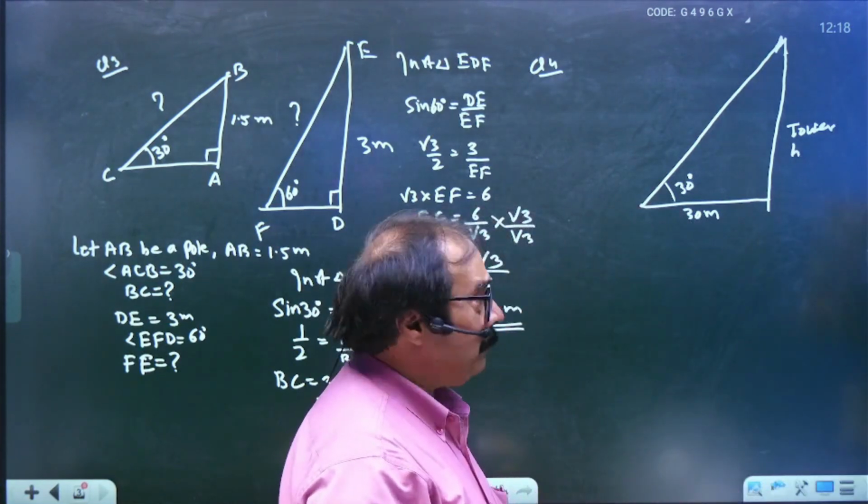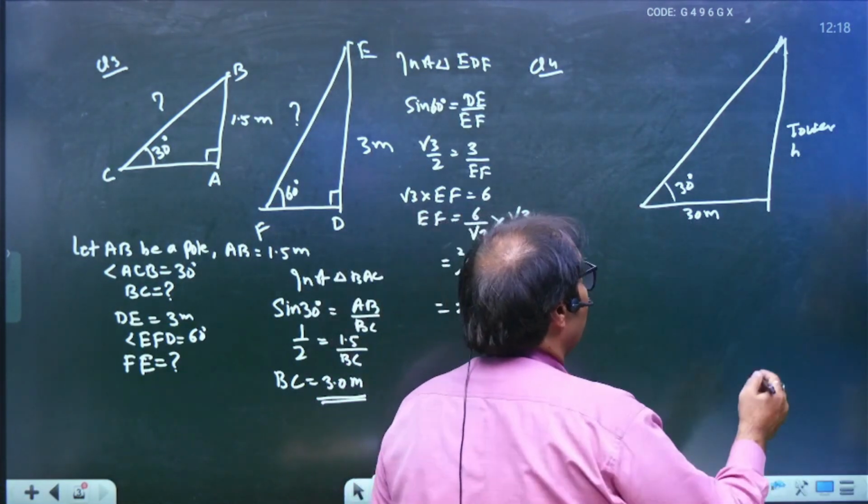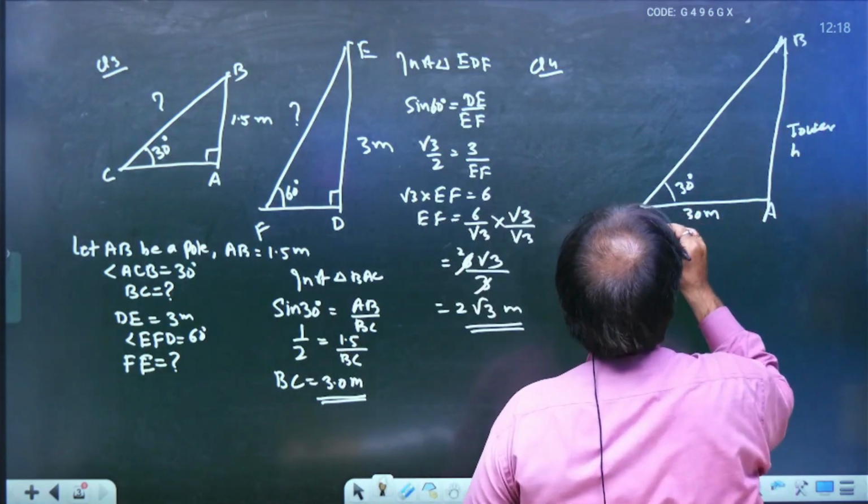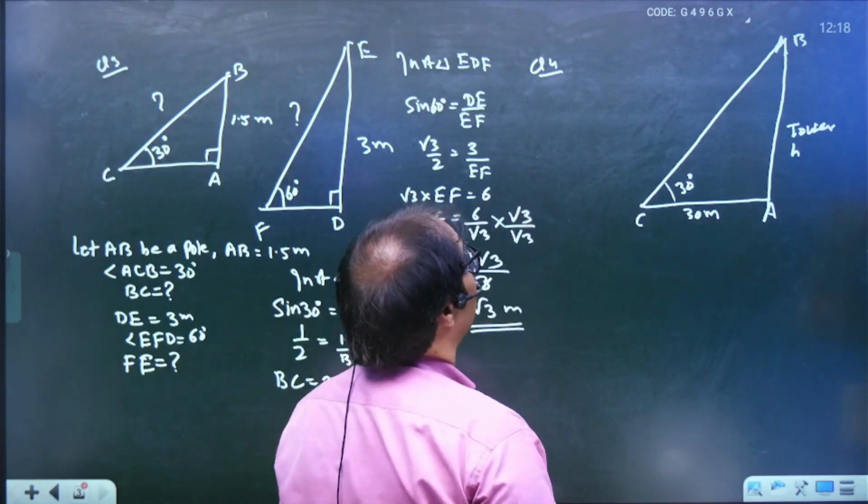So as per the question, this is the figure. Now name it. Suppose this point is A, this is B, this is C. So we will write about the figure.